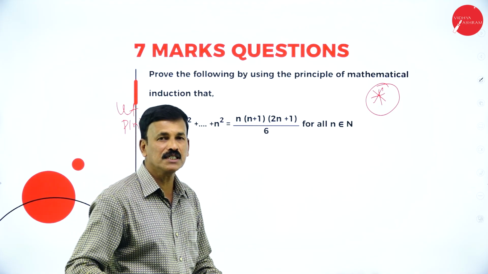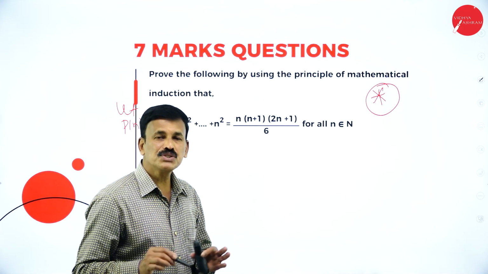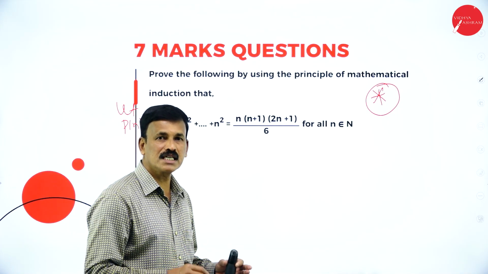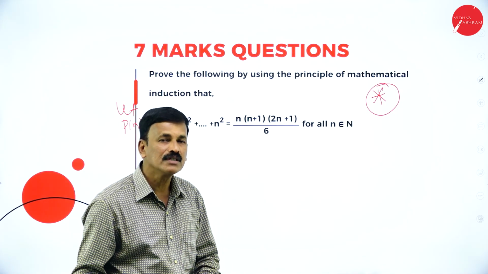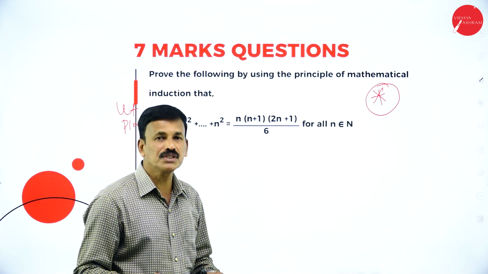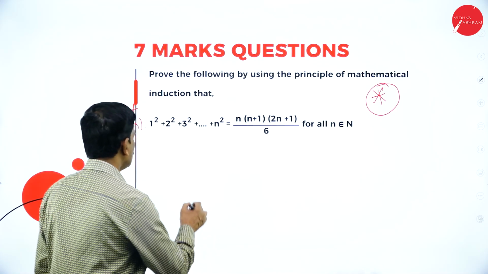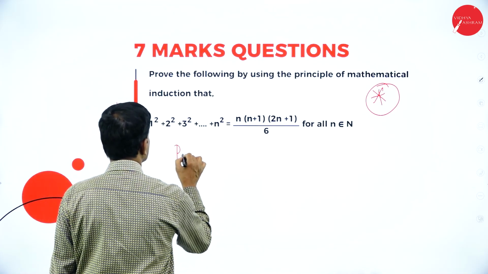As usual procedure, let us prove that the statement is true for n is equal to 1. Again prove it for some positive integer n is equal to k. Then show that it is also true for P of k plus 1. That's all. Now let us write: to prove that, put n is equal to 1.